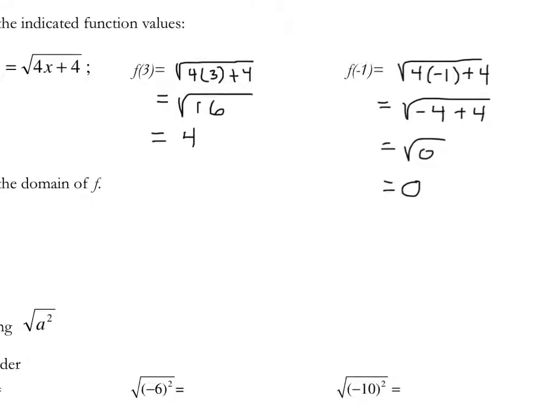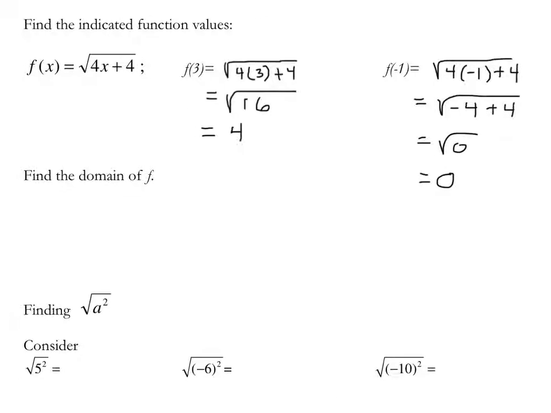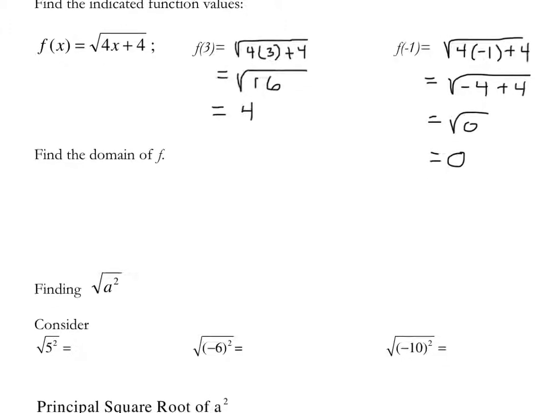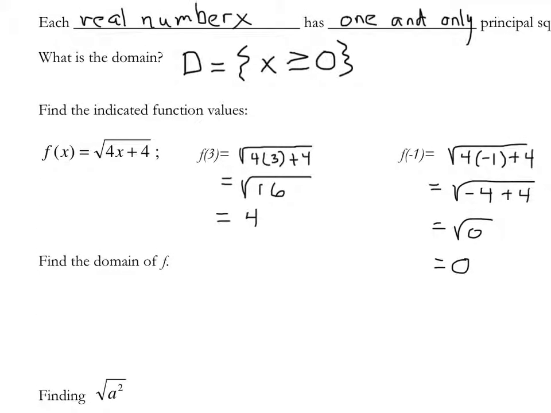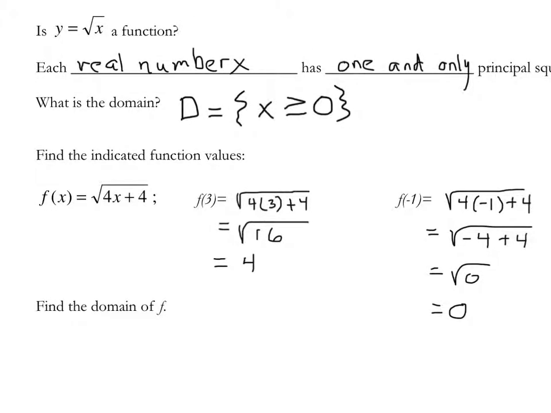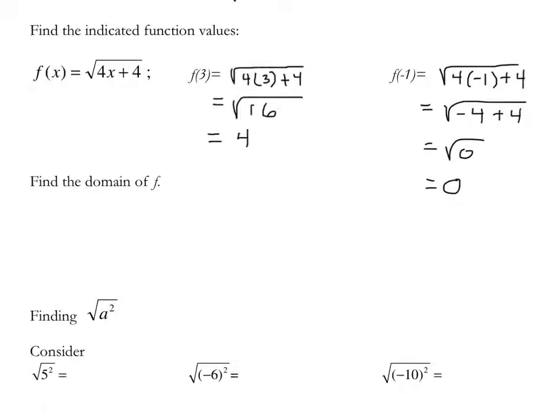Notice we were able to substitute a negative value in place of x there, and we just talked about in the function above, the square root of x, that x had to be greater than or equal to 0. Really what we're saying is whatever you're taking the square root of has to be greater than or equal to 0.